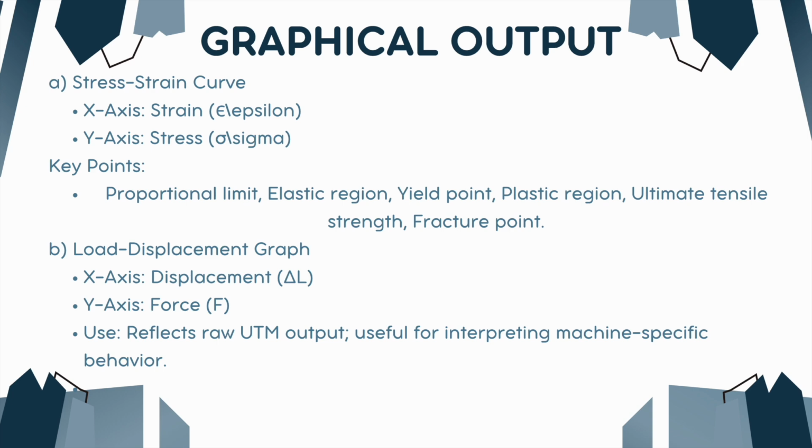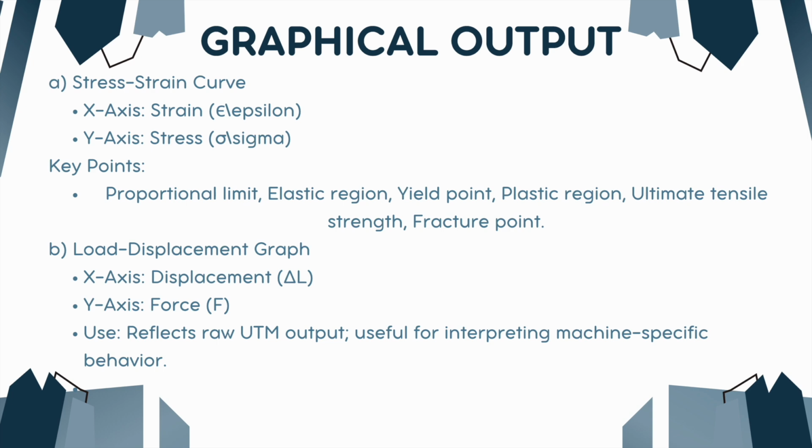The key points, as we have studied even in the 12th, are Young's modulus, Hooke's law, proportional limit, elastic region, yield point, plastic region, ultimate tensile strength, and fracture point, and these are the points that can be given in the graphical output of this graph.